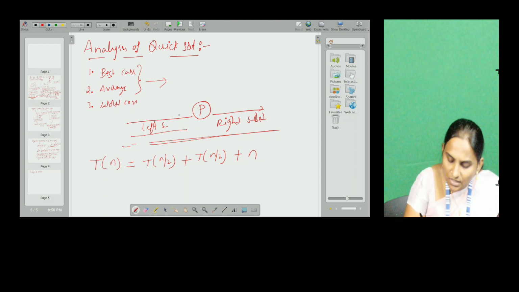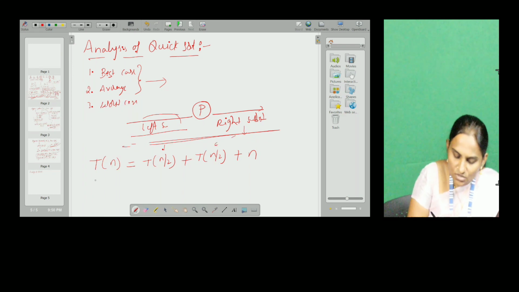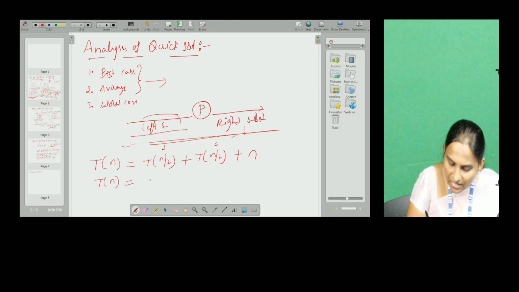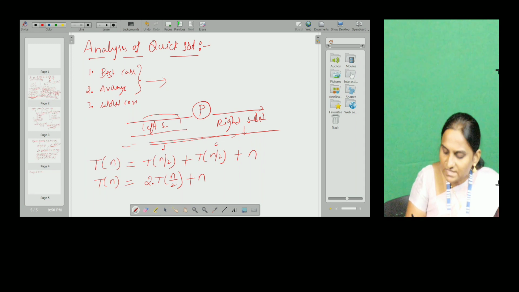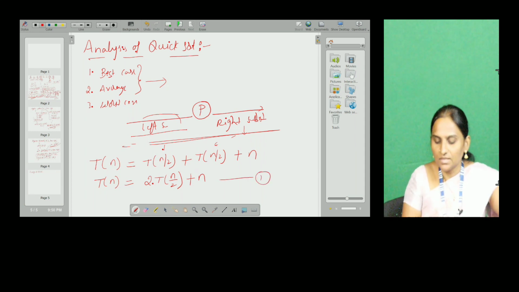To sort the left sublist elements, the time required is T of n by 2. To sort the right sublist elements, the time required is T of n by 2. Partitioning of n elements takes n. So the total is T of n by 2 plus T of n by 2, equal to 2 into T of n by 2 plus n. This is the recurrence relation.